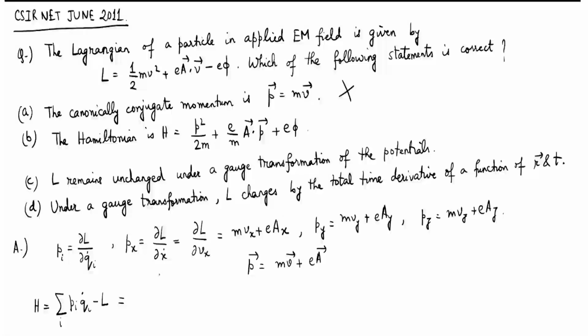Pi Vi means Px Vx plus Py Vy plus Pz Vz minus L, right?